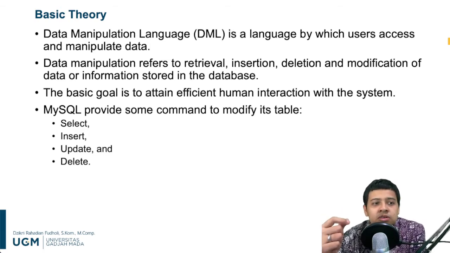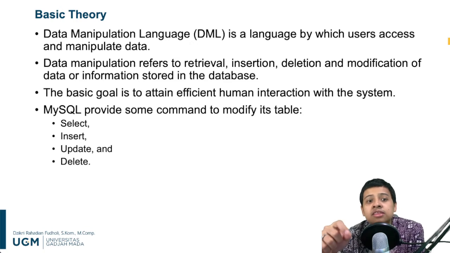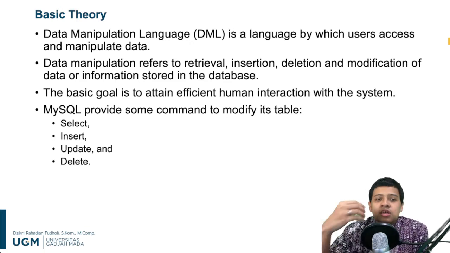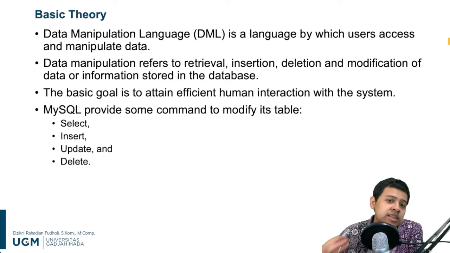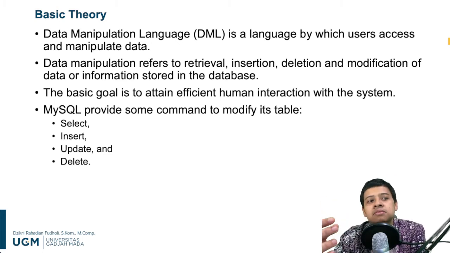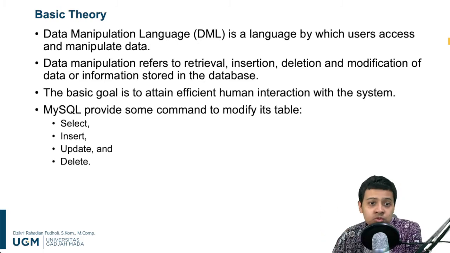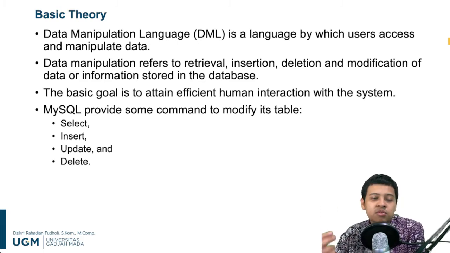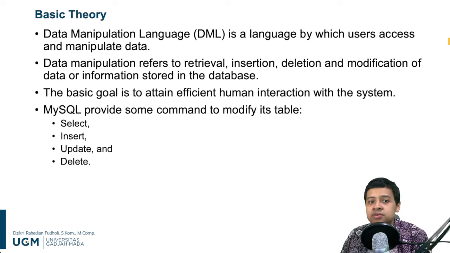The basic goal is to attain efficient human interaction with the system. So, just like a language, you want to interact from one entity to another, from human to system, and we want to do some information exchange. That's why we use this language.